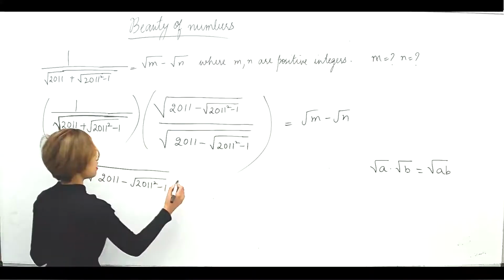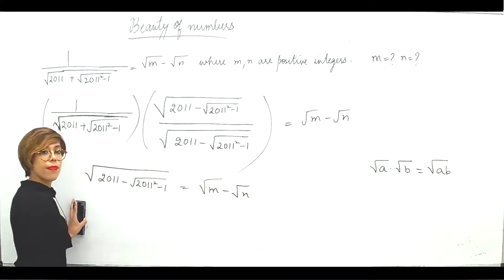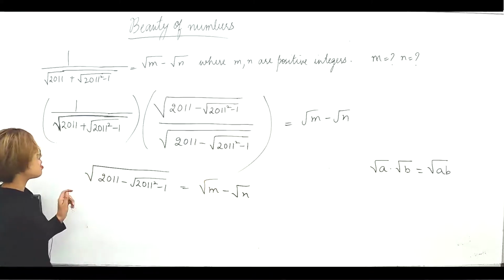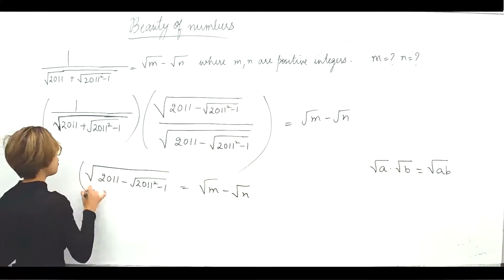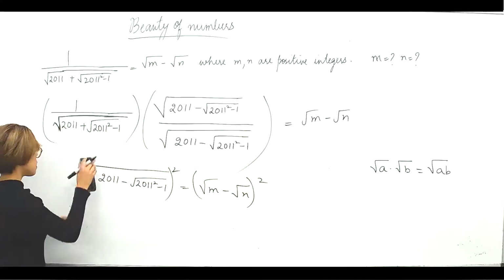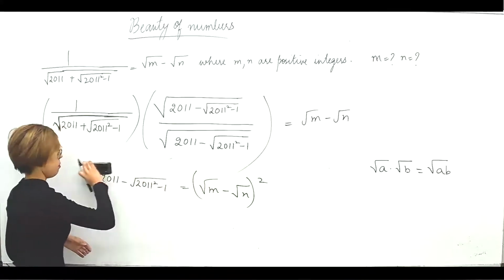Right? This is equal to root m minus root n. Right? अब यहाँ पे स्क्वायर रूट है. स्क्वायर रूट जब तक हटेगा नहीं, I can't proceed. So what I'll do is I will square both the sides. On one side square, obviously this square root will disappear. Done.